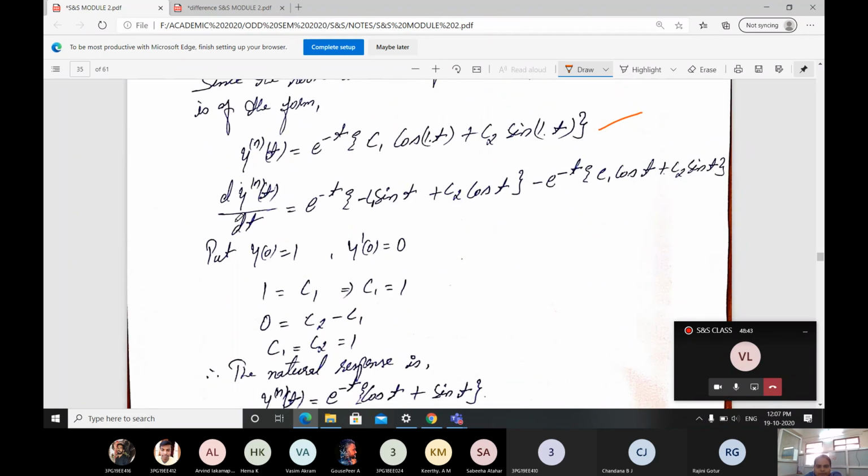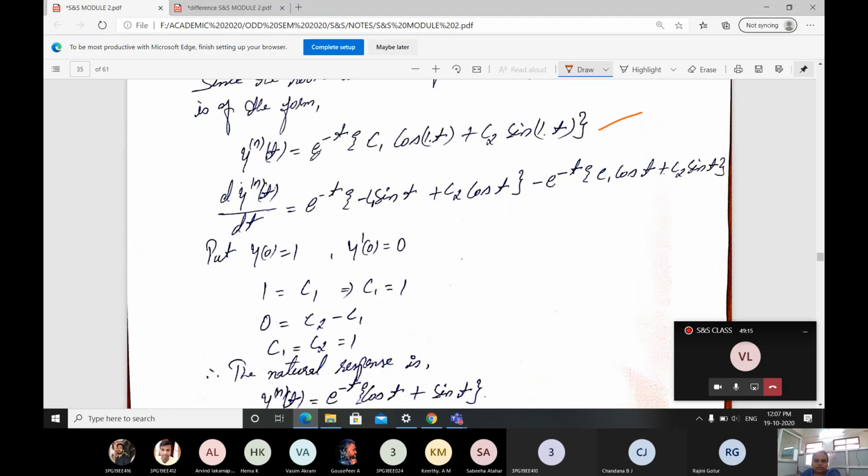Then differentiate the natural function yn of t, then we will be getting dyn of t divided by dt is going to be equal to, if you differentiate, e power minus t times minus c1 sin t plus c2 cos t, since sin differentiation is cos and cos differentiation is minus sin, minus e power minus t times c1 cos t plus c2 sin t.